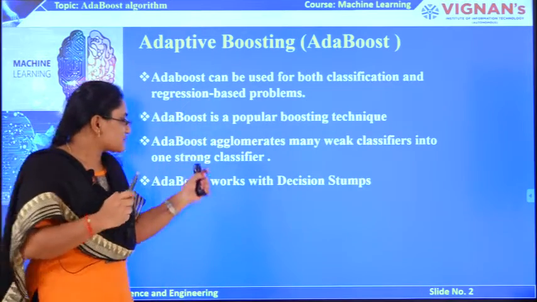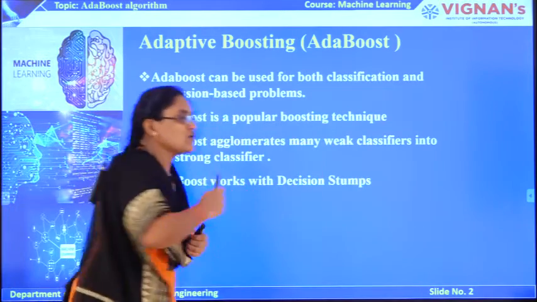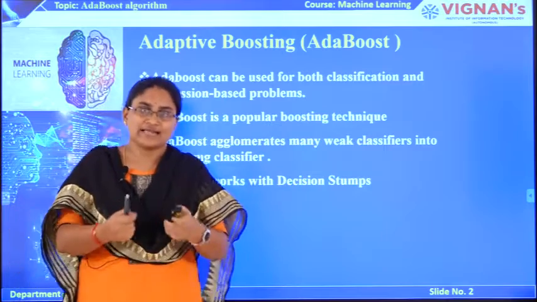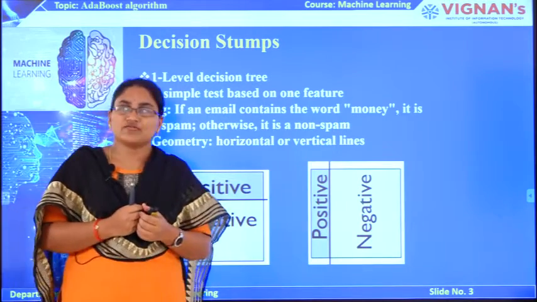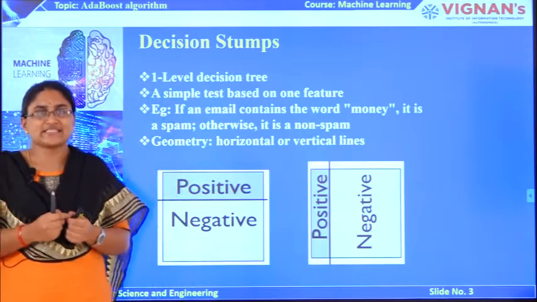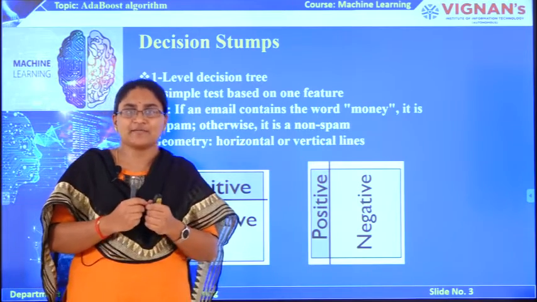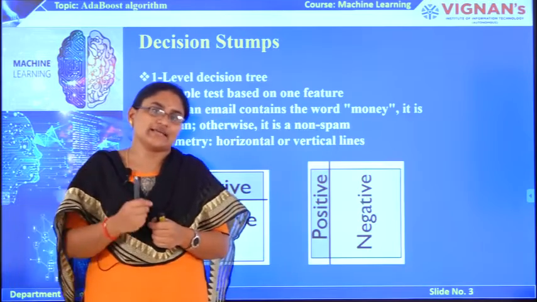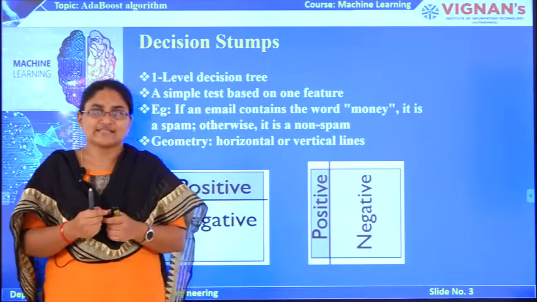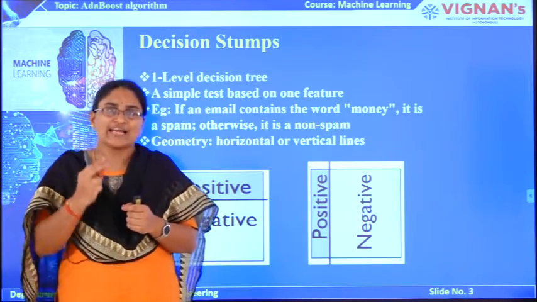This works with decision stumps. What are decision stumps? Let us see. Now, let's see what a decision stump is. A decision stump is a machine learning model which contains a one level decision tree. A decision tree which contains only one root node and two children.